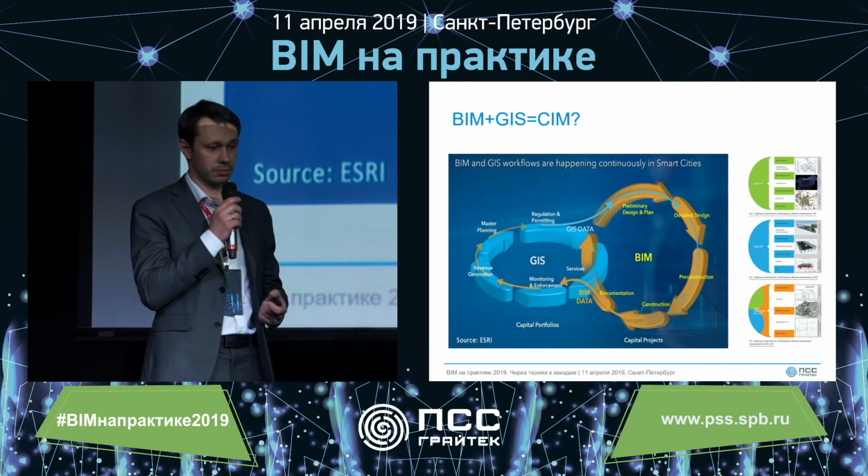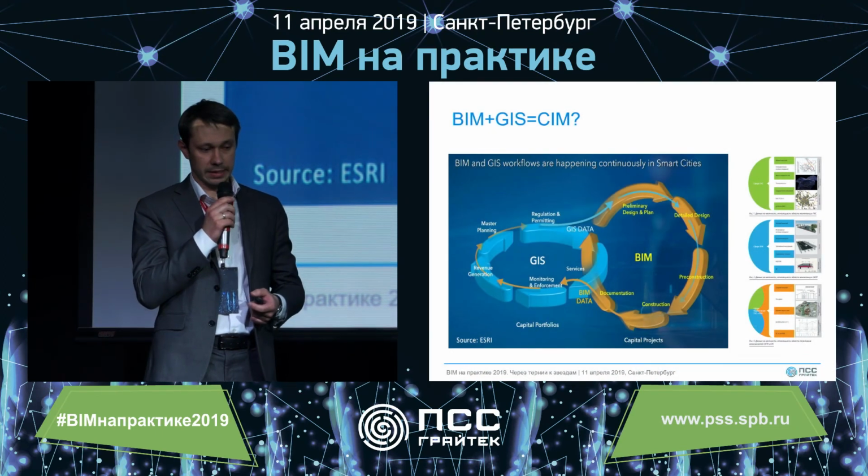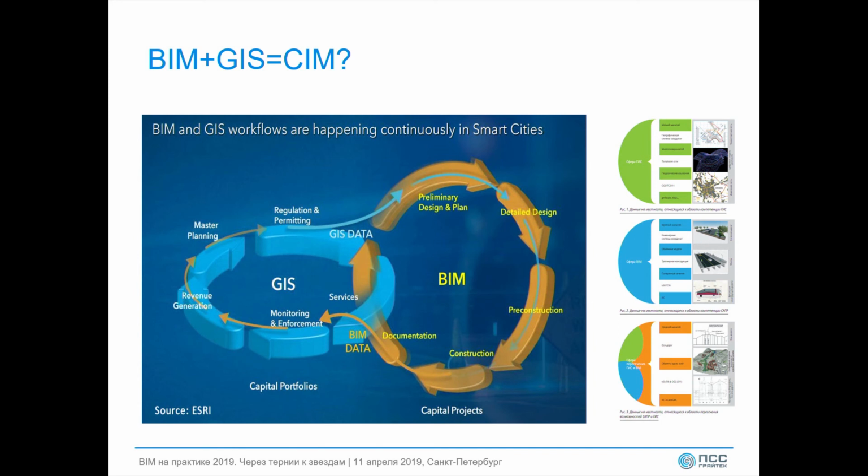This slide shows the pictures that you probably have seen many times, and you know very well how to integrate BIM and GIS workflows. Information modeling, according to our view, is impossible without knowing your terrain. That's the data that are accumulated in GIS, and at the interface of these two systems, a new concept appears: CITSI, information modeling, SIM.